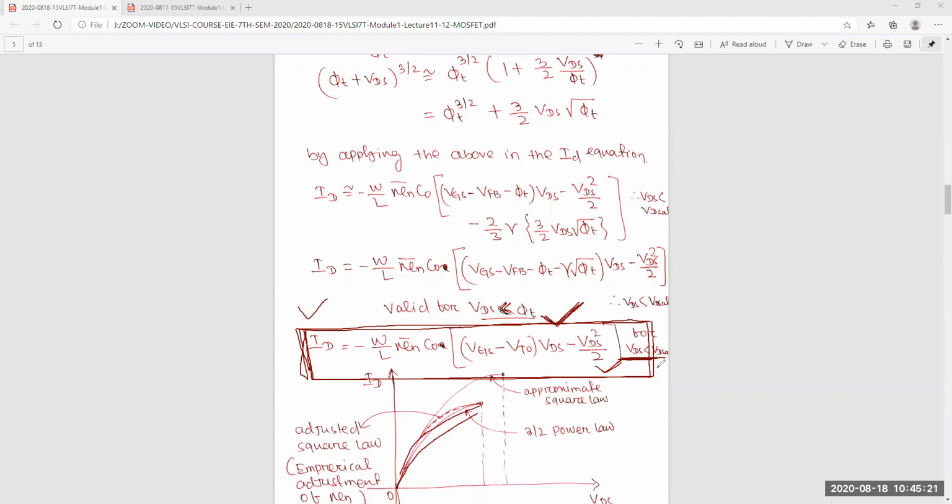Saturation means that at L the QI, or QL, is equal to 0. That point is the saturation point. So the equation is valid for this region. Generally we say this is the linear region, so we can say this equation is called the square law equation for the linear region.